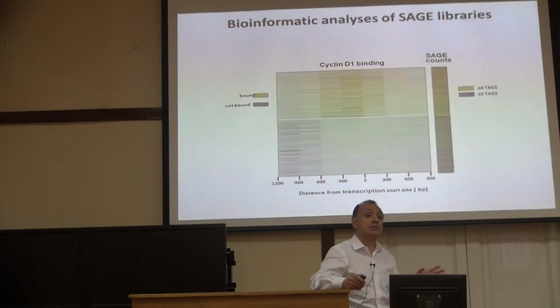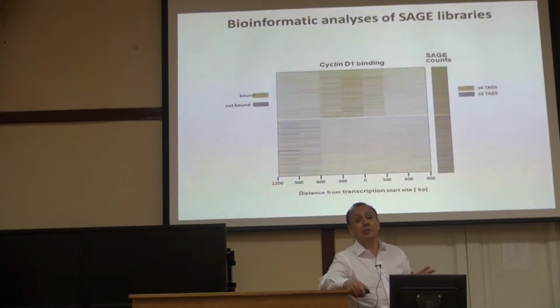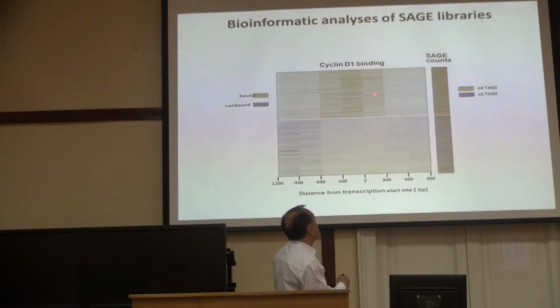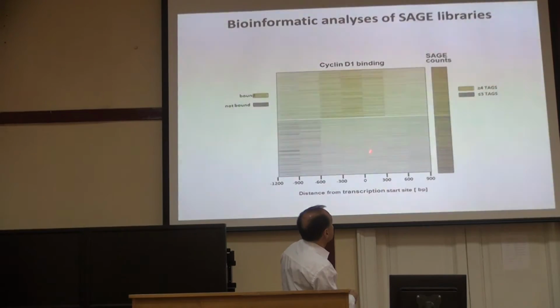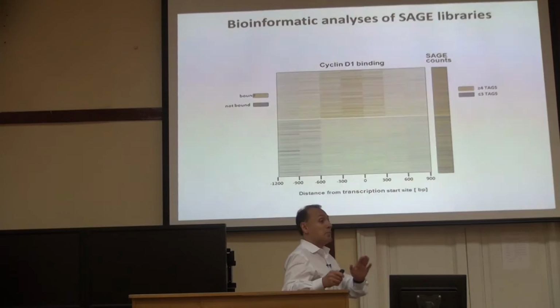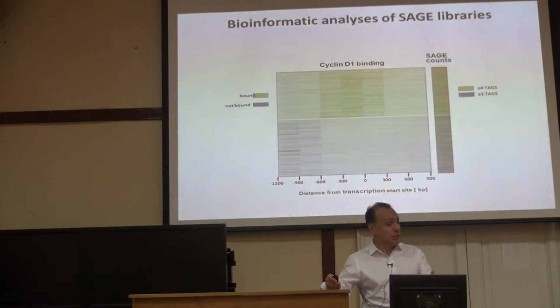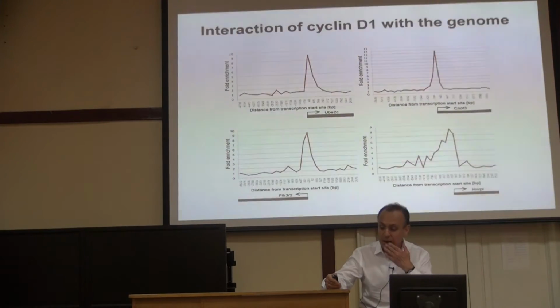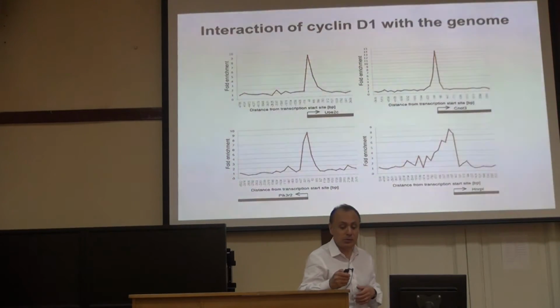So this, together with CpG content, suggests that cyclin D1 is sitting on the promoters of actively expressed genes. Of course, this is only a trend. Among cyclin D1 bound genes you can have some blue lines, and among the not bound genes you can see yellow lines. So cyclin D1 is not a marker of active genes, but is enriched on genes that are actively transcribed.